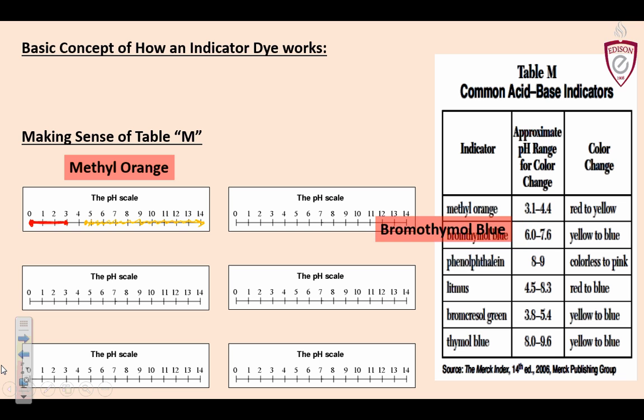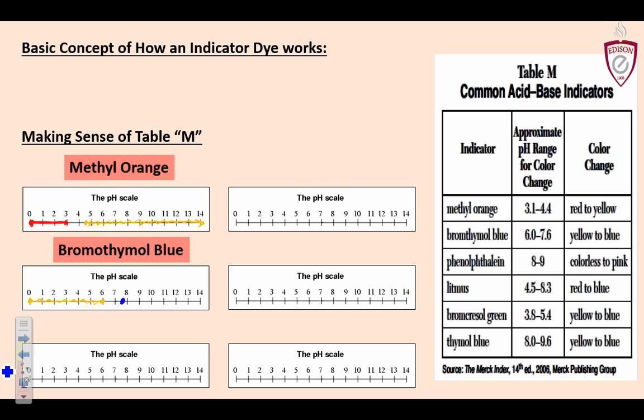Okay, bromothymol blue. Bring them on over. Bromothymol blue. So just looking at this color change chart, yellow's on the left, and I see 6.0. So from 0 to 6.0, we should be yellow. And then from 7.6 and up, I should be blue.